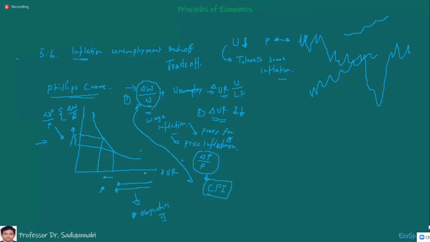All right. So this downward sloping curve is called the Phillips curve, PC. This curve was invented by Arthur Phillips in 1958, and subsequent research was flooded.